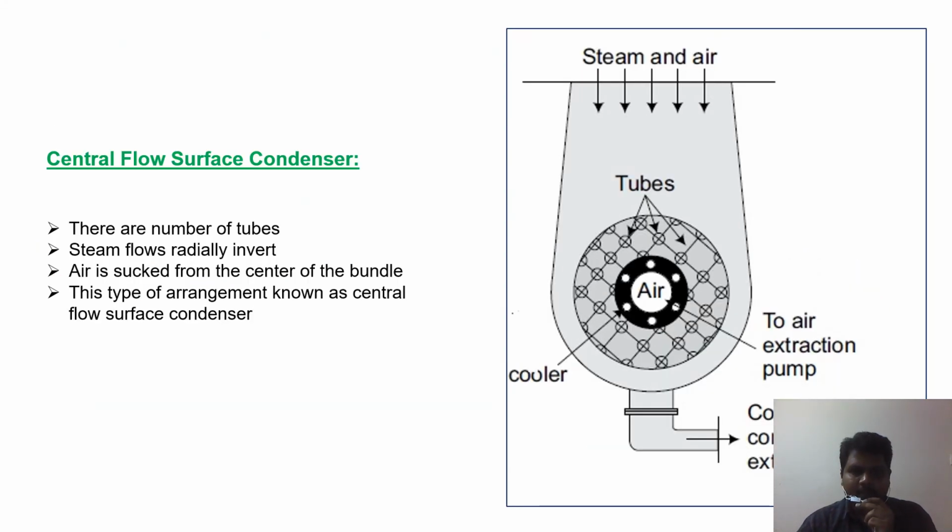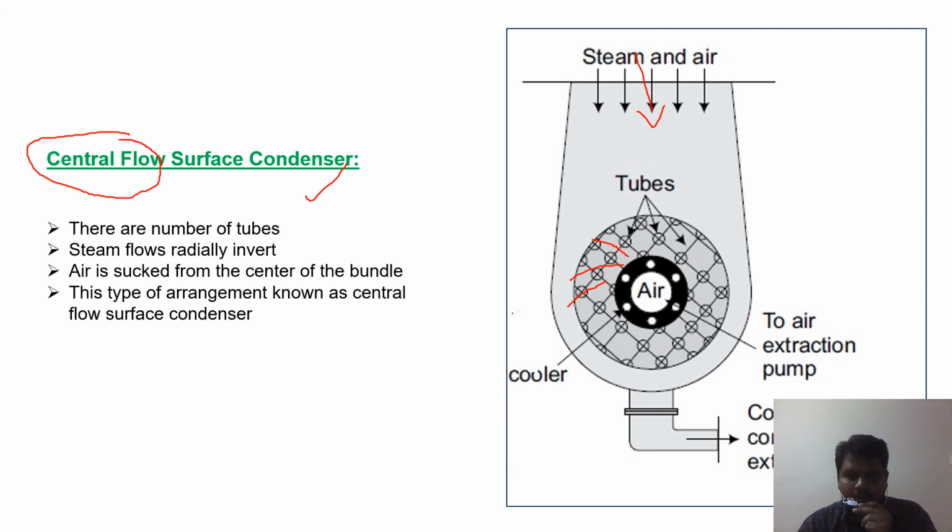The next type of surface condenser is the central flow surface condenser. Here also it will have a bundle of tubes. The steam from the top enters and flows over the tubes. Here the steam flows radially inward.